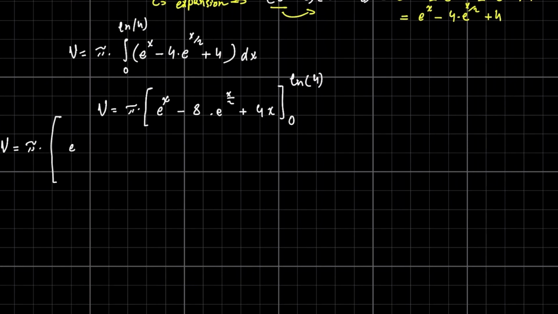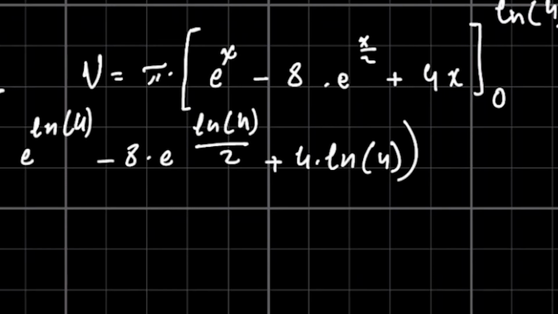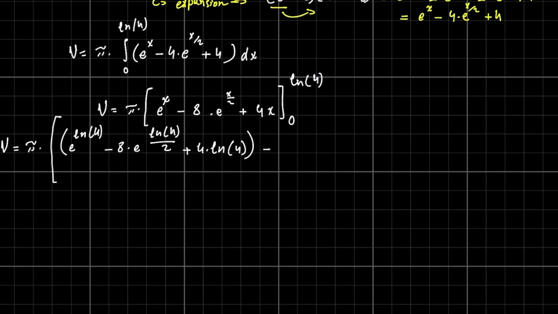So e to the power of ln 4, minus 8 times e to the power of ln of 4 over 2 plus 4 times ln of 4. Now I put this whole function for the first boundary inside parentheses minus the second one right here.